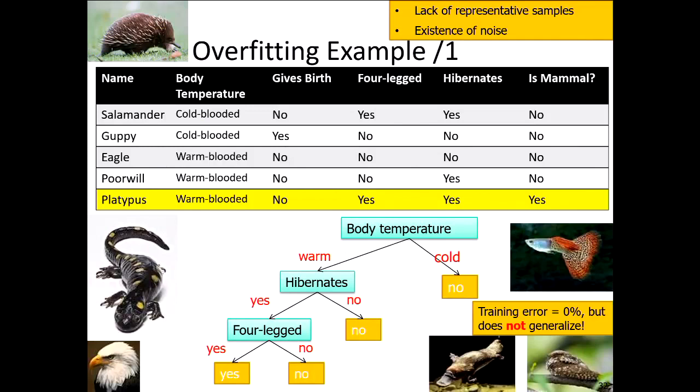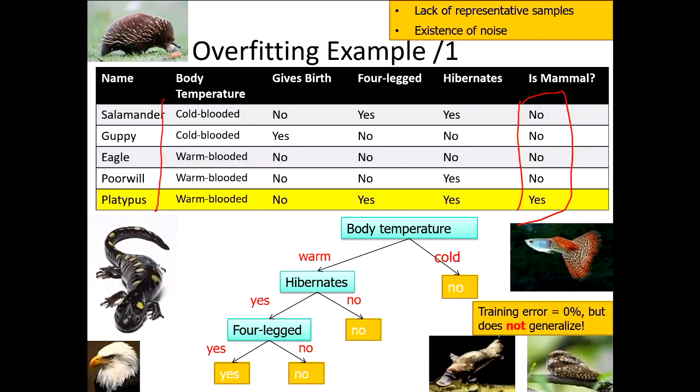Let's see a little bit more examples of overfitting. So in this example, these are the animals that we have as the sample, or as the training data. And what we are going to do is try to predict if it is a mammal or not. Based on these samples we have, we have such a decision tree which has no training error.